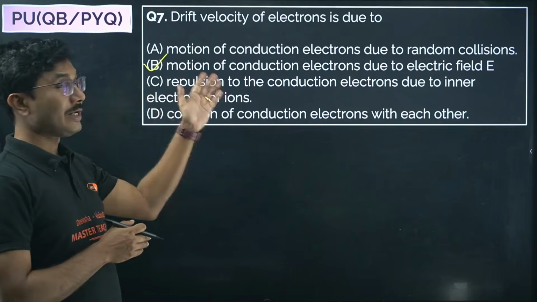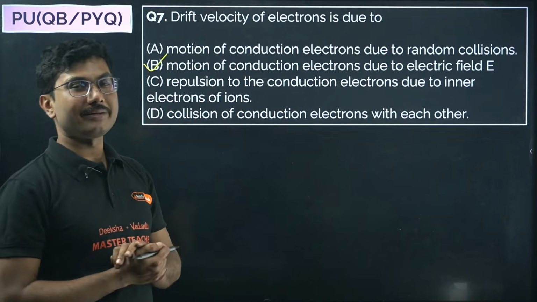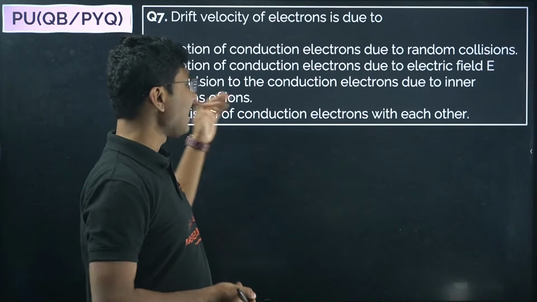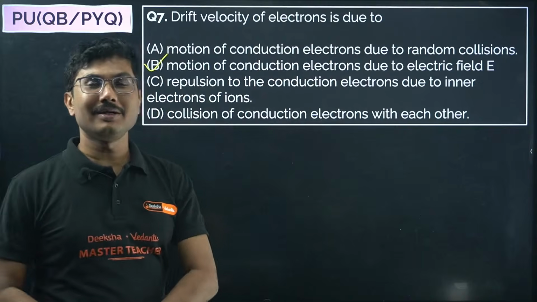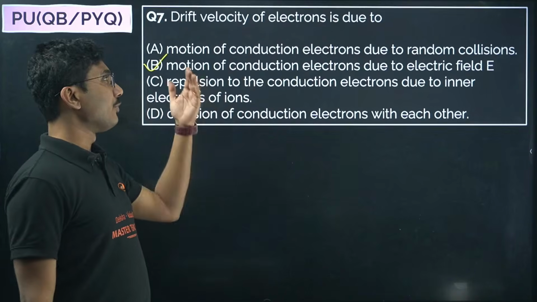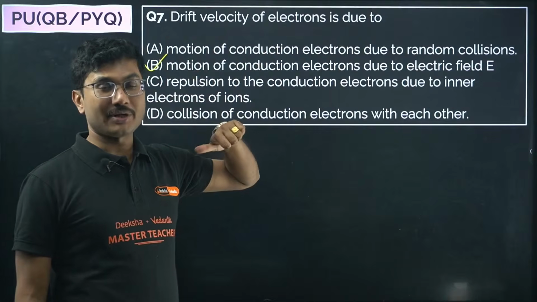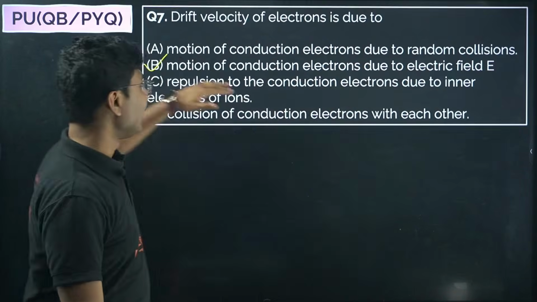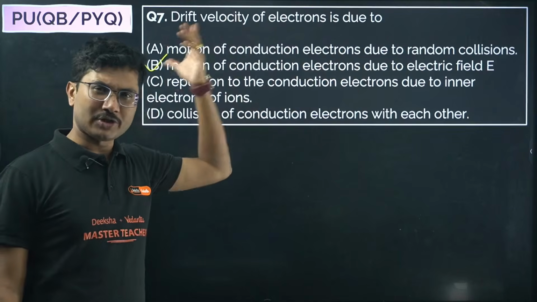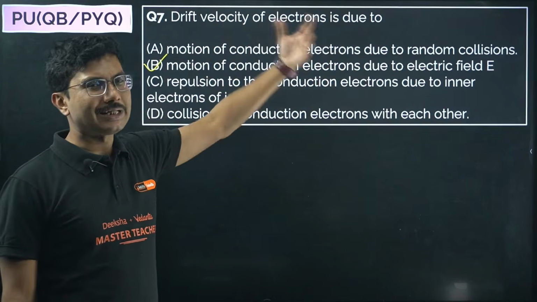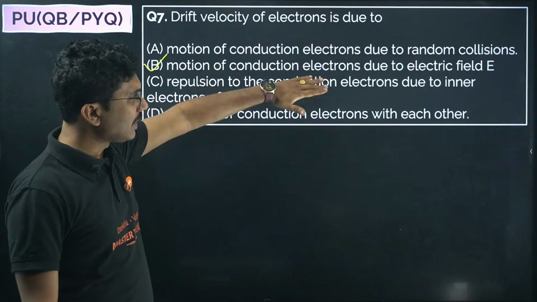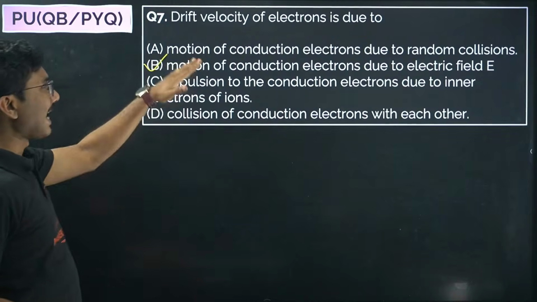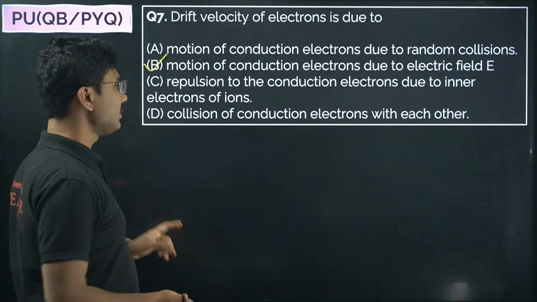When an electron is in the conduction band, it tends to move in the presence of an external electric field, and that is the reason behind the drift speed. Electrons in the conduction band move in the opposite direction of the electric field. Here the direction is not mentioned, only the motion of the electrons, so it can be in the direction or in the opposite direction. Here it is the motion of electrons in the opposite direction of the electric field, and that is the correct answer for this question.